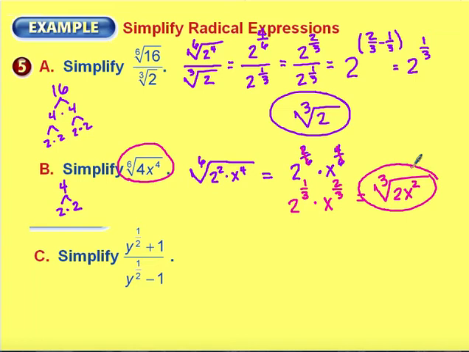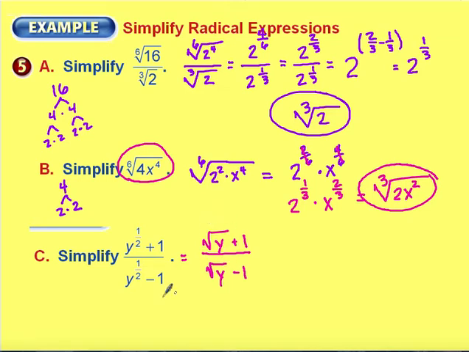Now for our next example, you can see I have the square root of y plus 1 over the square root of y minus 1. Now I can write that in radical form. Now from the very last lesson that we have completed, you should understand that I can't keep that square root in the denominator.